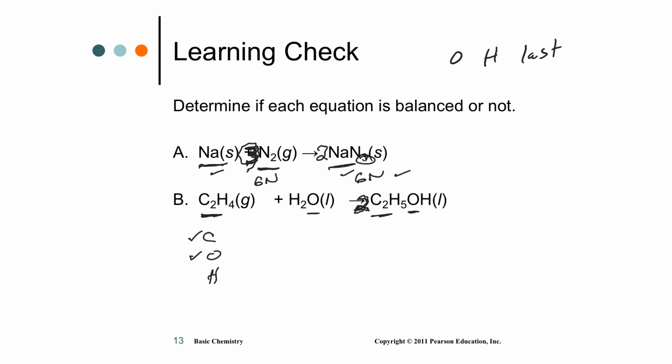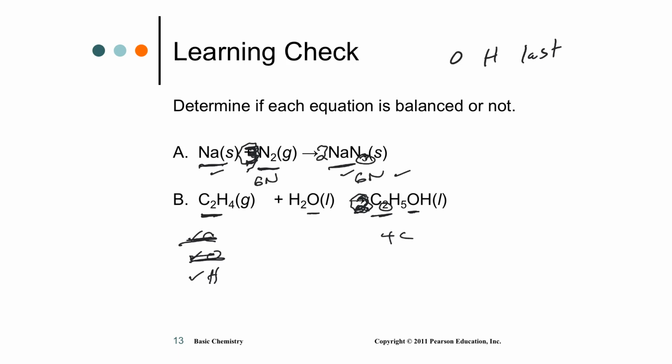Okay, which fixes my hydrogens. My hydrogens now have 2 and 2, but I've messed up my carbon and I've messed up my oxygen. I have to redo them. So things you've already done, you have to redo. So I'm going to go back, and now I have 2 times 2. 2 times 2 is 4. So I have 4 carbons, and now I need 4 carbons on the left.